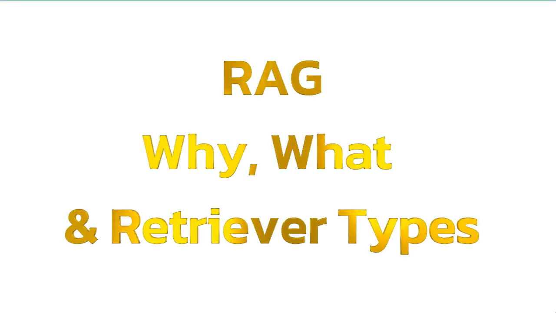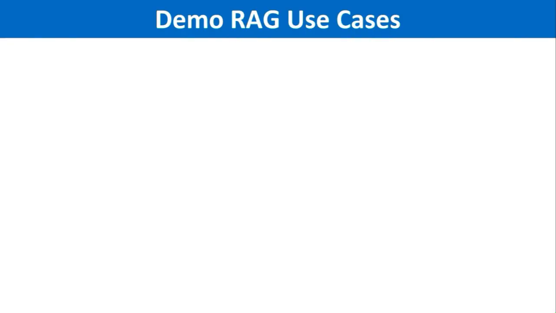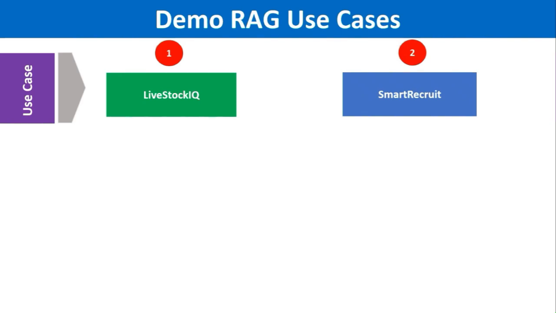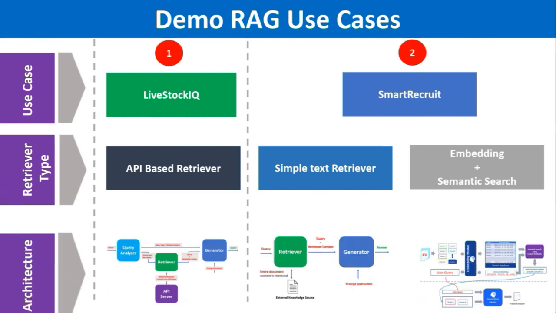All right. So until now, we talked about why we need RAG, we talked about what is RAG, and we also talked about different retrieval types which can be implemented while implementing the RAG architecture. Let us walk through two practical use cases of RAG, showcasing how different retriever types and different architectures can solve specific problems effectively.